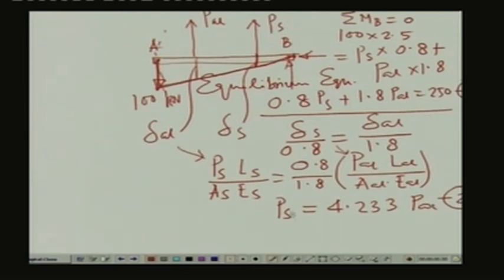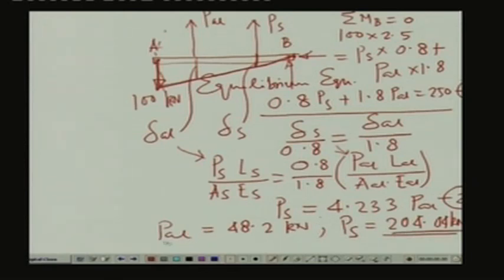If we substitute the value of Ps over here, we get P aluminum equals 48.2 kilonewton, and thereby Ps equals 204.04 kilonewton.